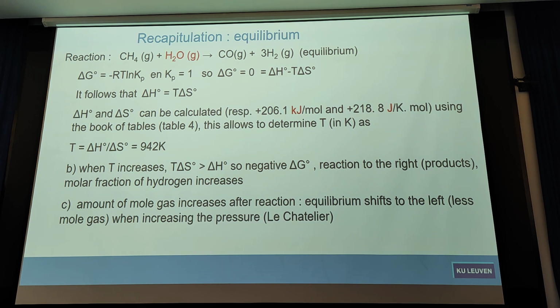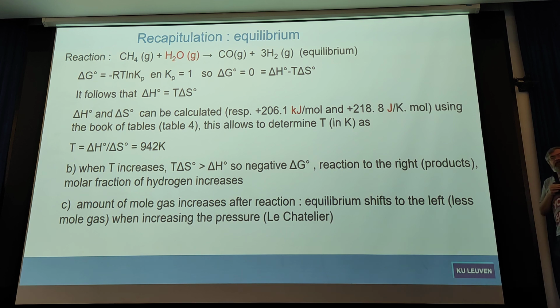So we can now determine the temperature in Kelvin, we divide one by the other, and take into account that one is kilojoule and the other is joule, because it's a factor 10 to the third. So if we calculate that, we actually will get a number of 942 Kelvin. At this precise temperature, our Kp is going to be 1.